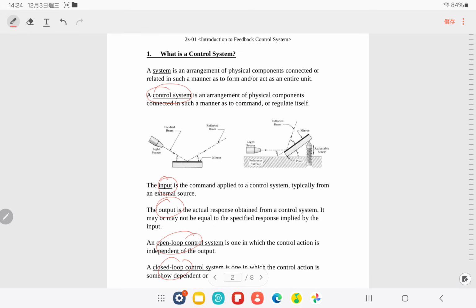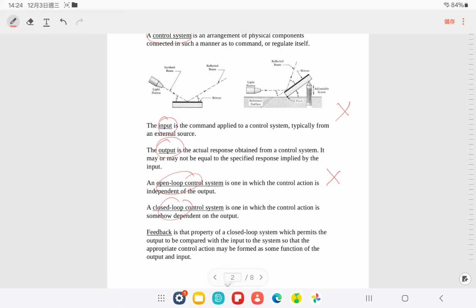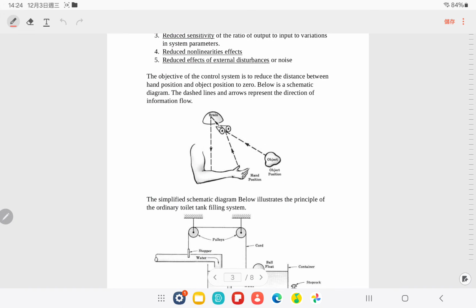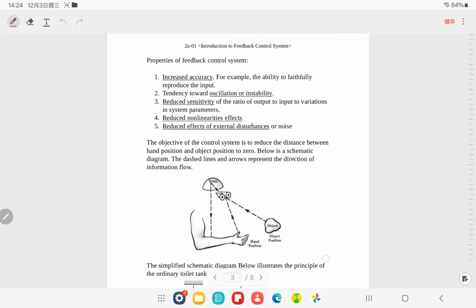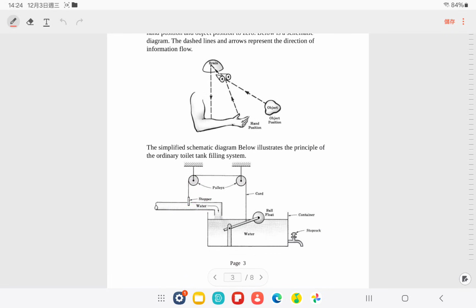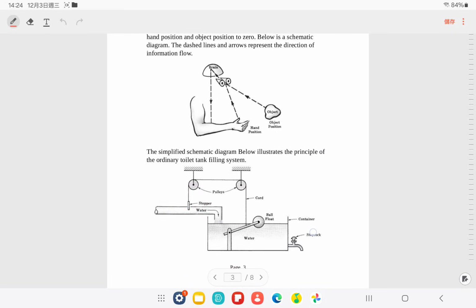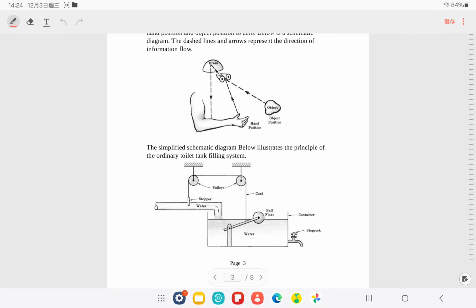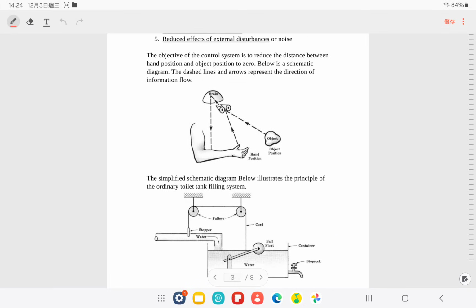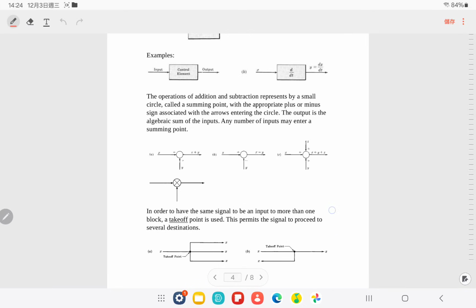Give me the definition of this one? No, there won't be any questions on this. This is too basic, so you don't need to learn this. The good thing about feedback control, the bad thing of feedback control, this is still too basic, so no.